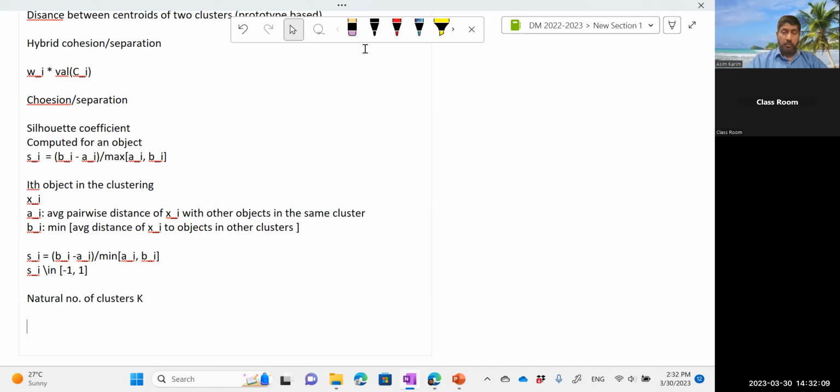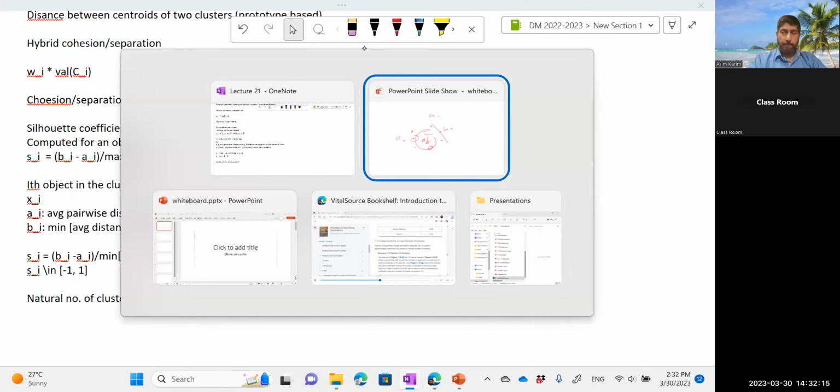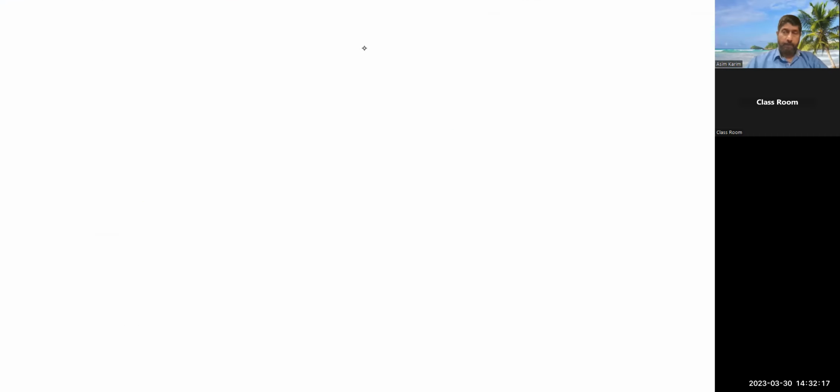So let's say you plot some cohesion measure. Cohesion, let's say distance based, means smaller values are better, right?